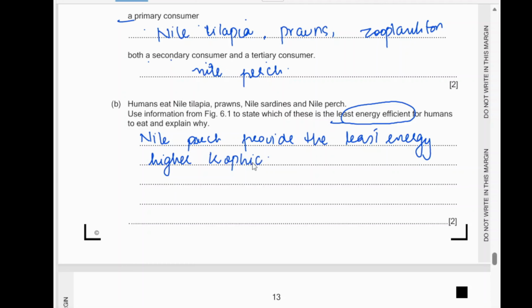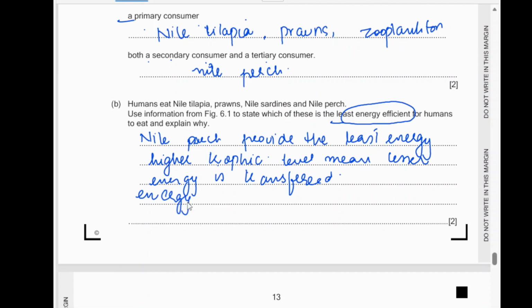Good. Higher trophic level means lesser energy is transferred, and the energy is lost in body processes like respiration, metabolism. So energy is used in different life processes. Okay?